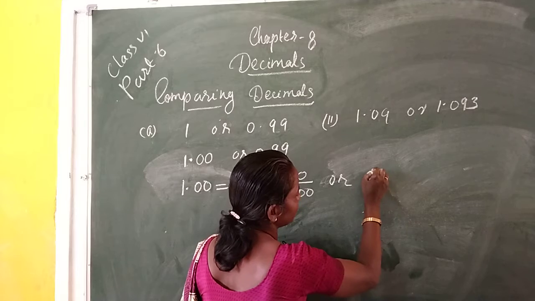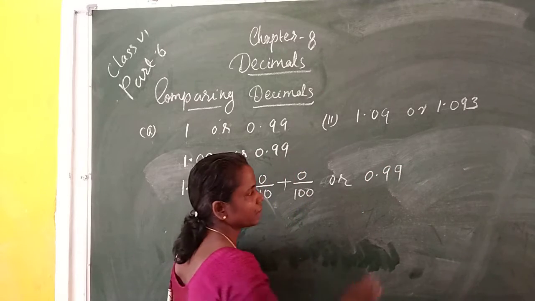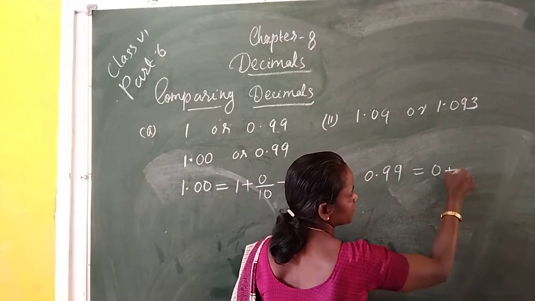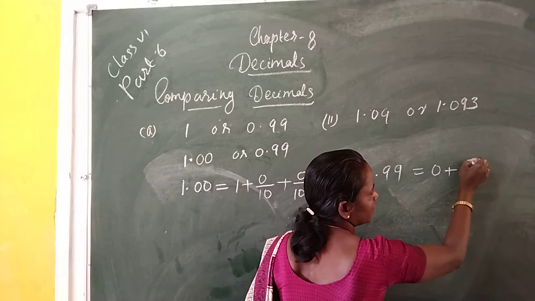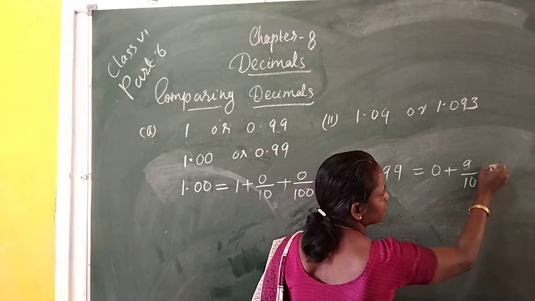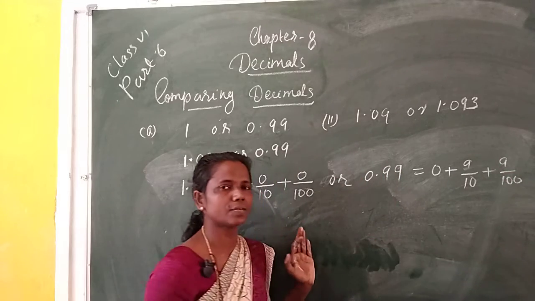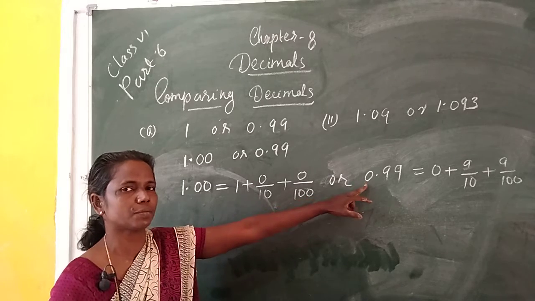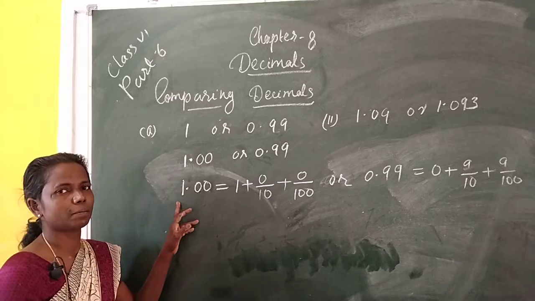And 0.99 is equal to 0 plus 9 by 10 plus 9 by 100. Is it clear? First we write its expanded form. Then next we look at the whole number place.